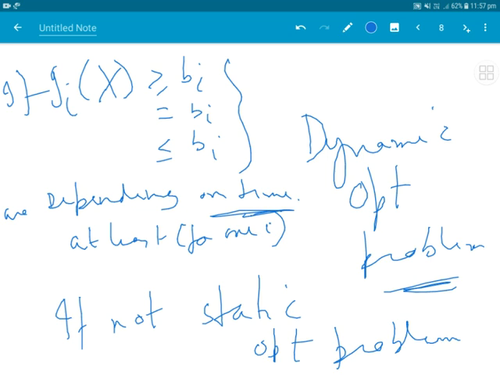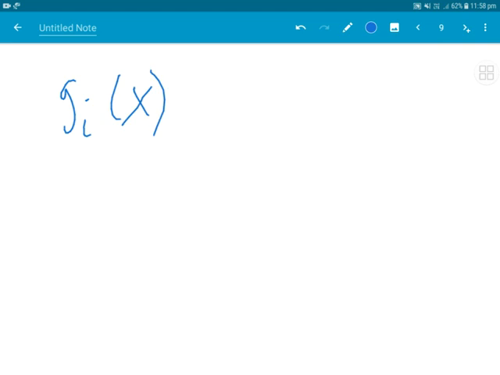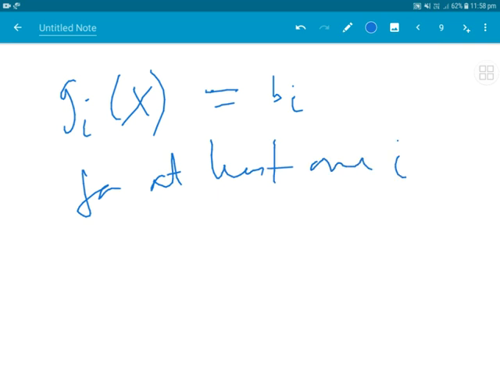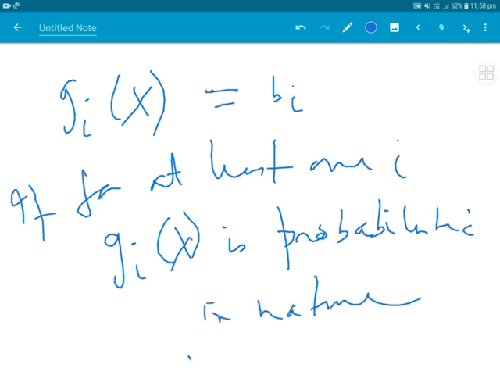Another type, as they said here, is the stochastic optimization problem. That means if, for at least one i, G(i)(x) is stochastic or probabilistic in nature, then the whole problem becomes a stochastic optimization problem.